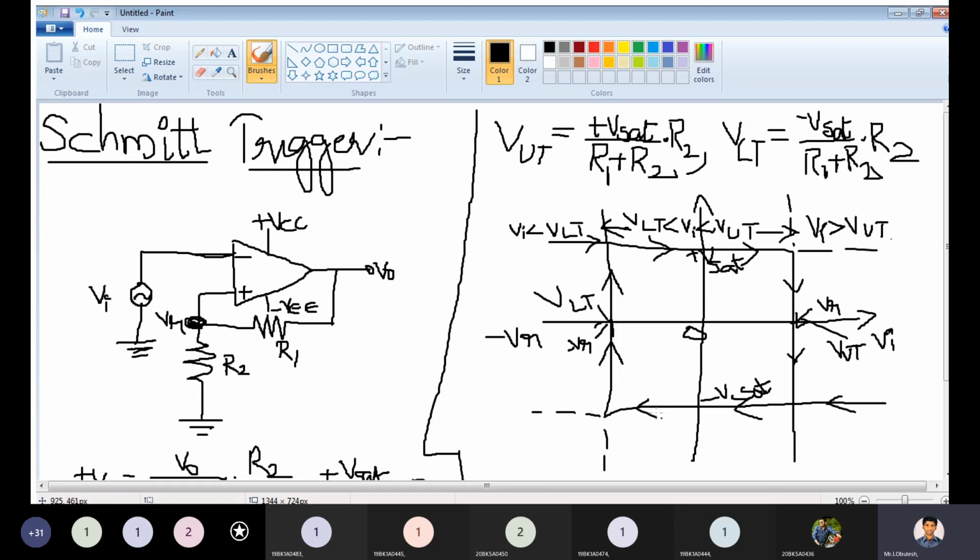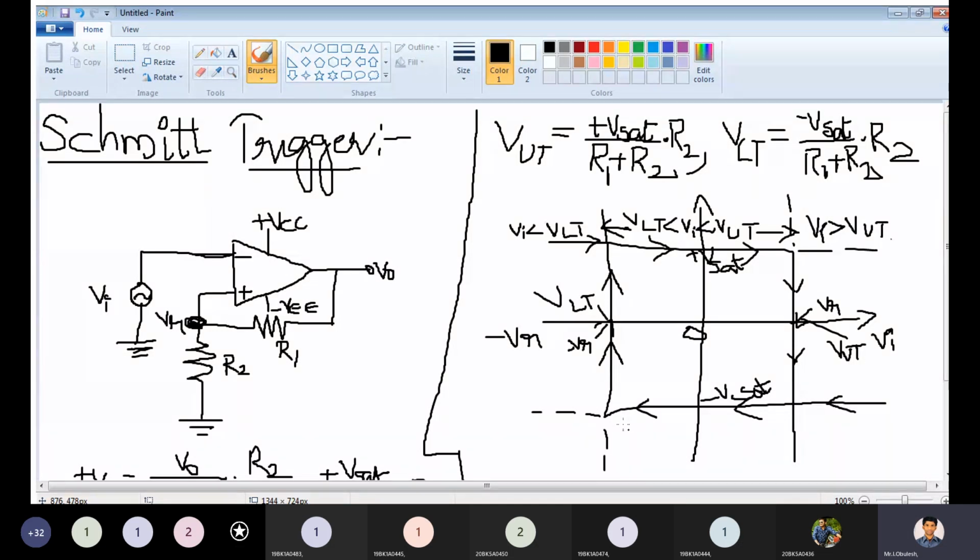So this states the transfer characteristics of the basic inverting Schmitt trigger circuit. You need to see that from this transfer characteristics diagram, output voltage remains in a given state until input voltage exceeds the threshold voltage level, either positive or negative.